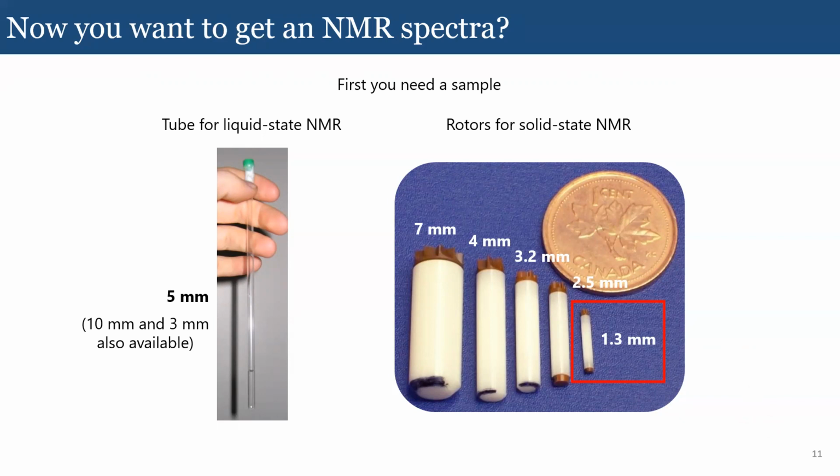The thing is that the bigger the rotor, the more powder you can get, but the slower your rotor will be able to spin. So to give you a quick value so that you have in mind, 7 mm rotors are not that common or usually used, but the 4 mm is very common. The maximum speed at which you can spin, or the frequency in that case, would be around 12 kilohertz.